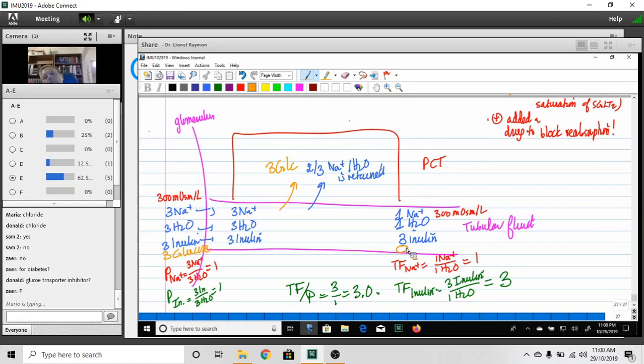If I inhibit SGLT2 with a gliflozin, then I end up with 3 if I block SGLT2. So it makes it exactly like inulin. So that's why it's going to be C. You understand why it was C? Yeah?